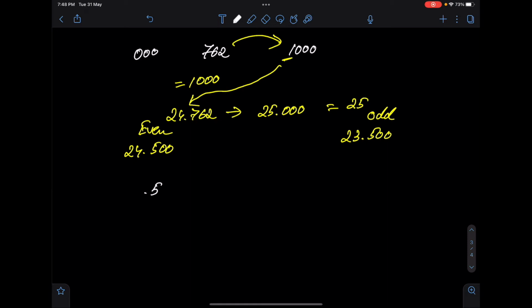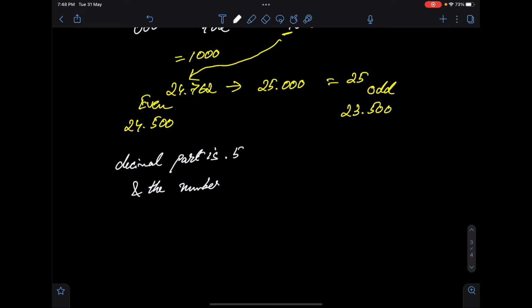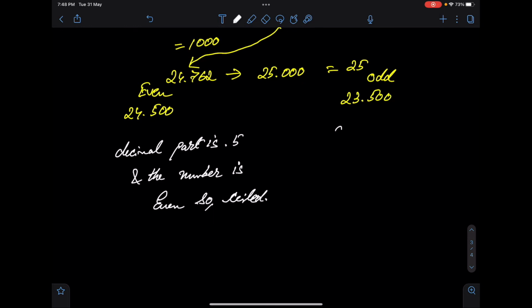Decimal part is 0.5 and the number is even, so sealed. Here decimal part is 0.5 and the number is odd, so flowed.